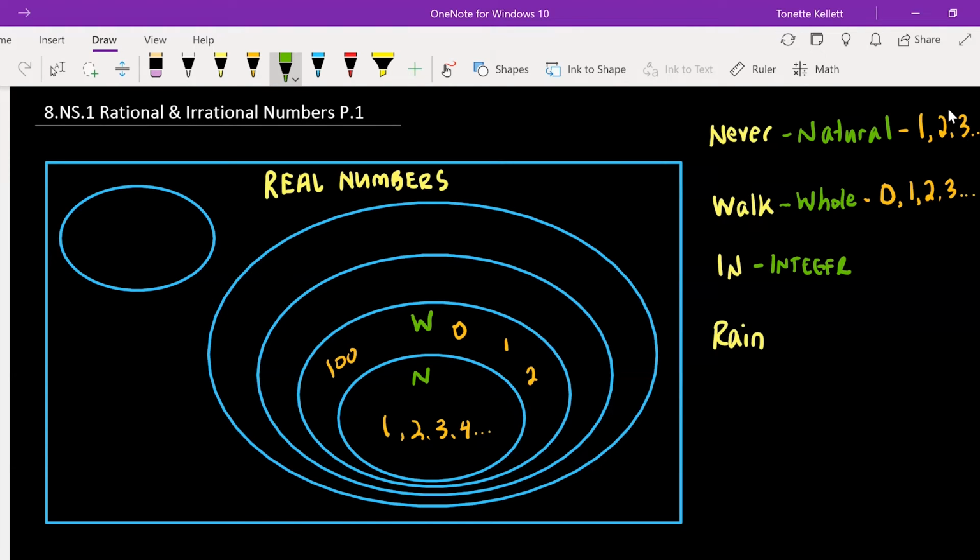All right. The next set in is integers. I'm going to put an I for integers. Integers are positive and negative, but they cannot be fractional.